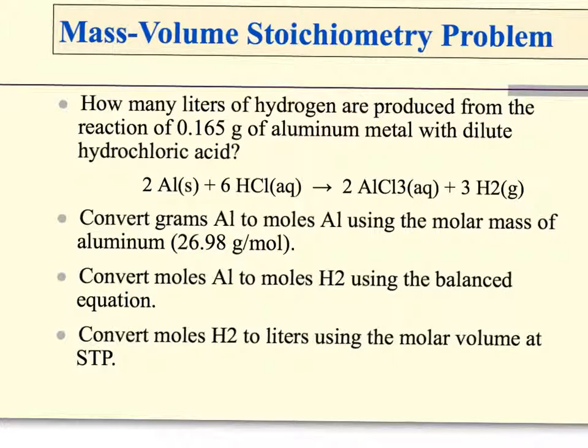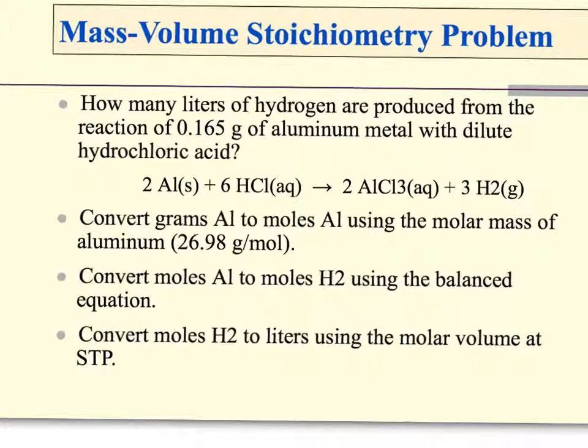Let's look at an example of a mass volume problem. How many liters of hydrogen are produced from the reaction of 0.165 grams of aluminum metal with dilute hydrochloric acid? Now notice that we do have our balanced chemical equation, which is necessary for all stoichiometry problems. And notice that we are given information about aluminum.